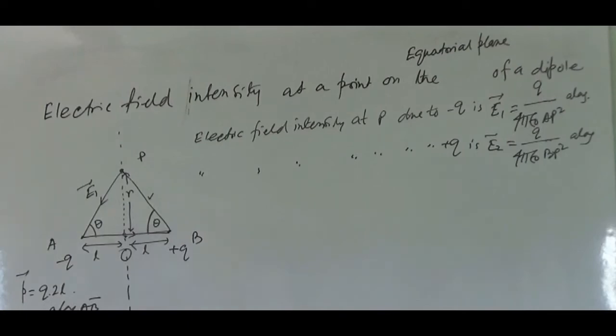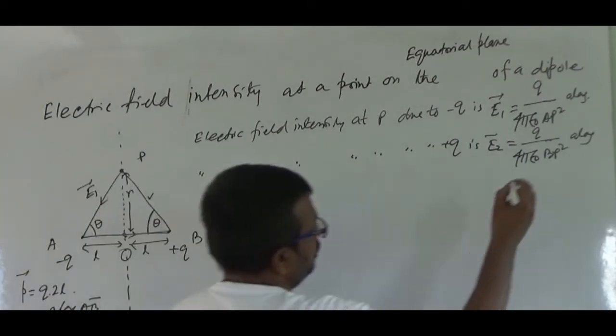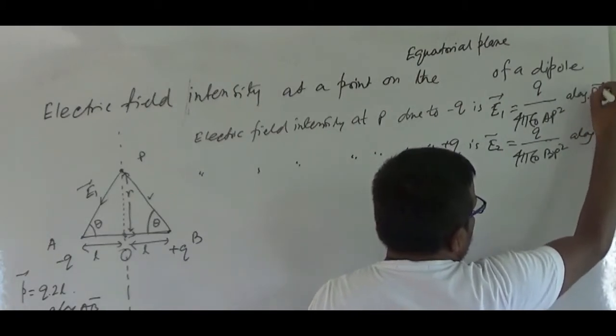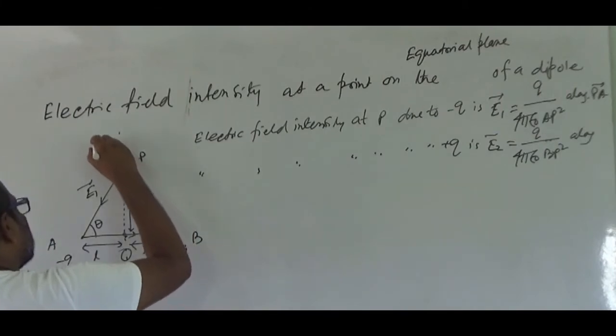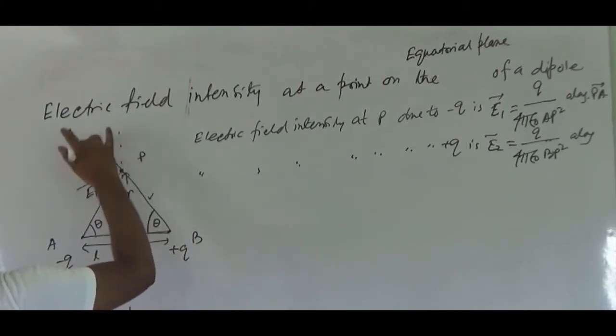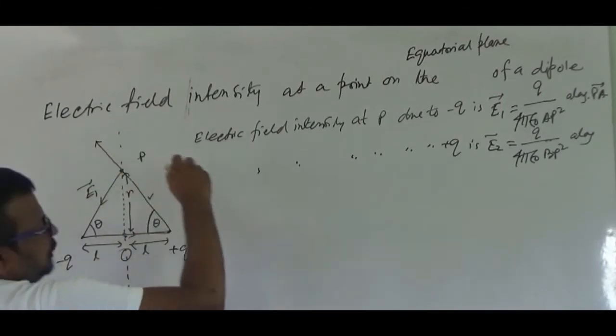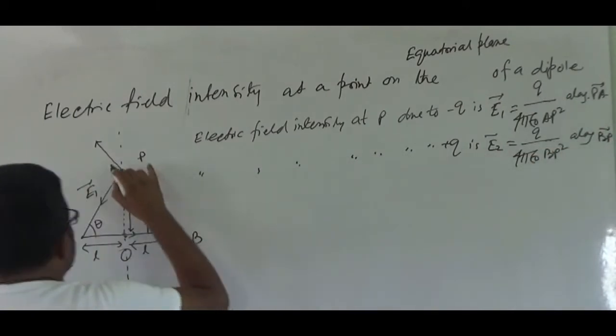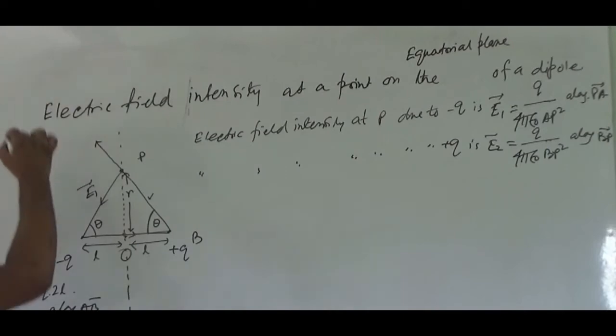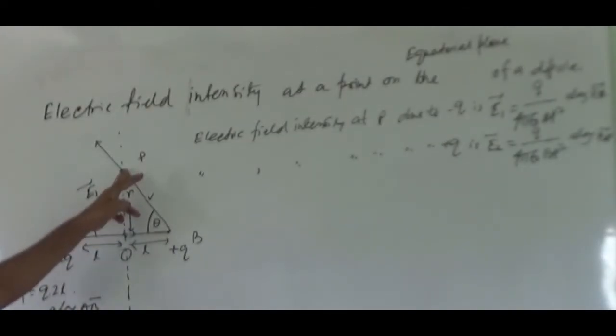We have not written the directions yet. For E1 it is along the PA vector, and in this case it is along the BP vector, in this direction, because it will be a repulsive force.